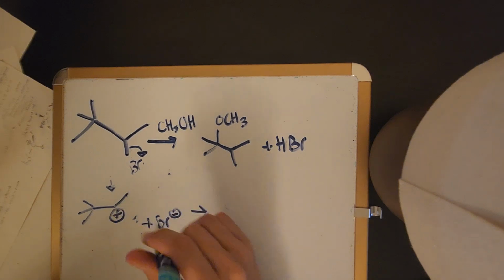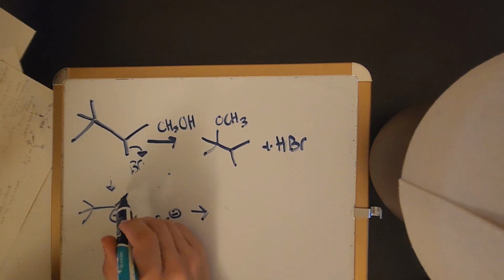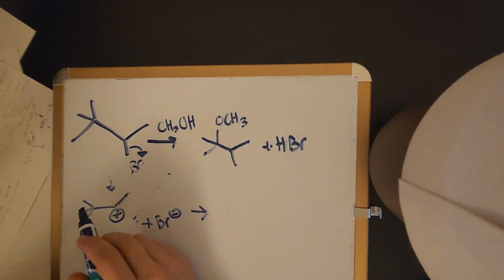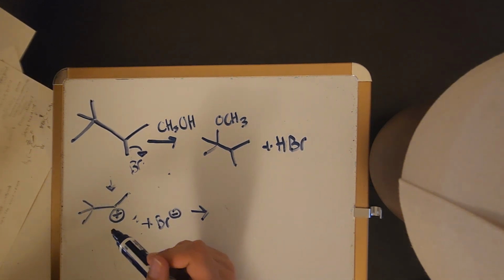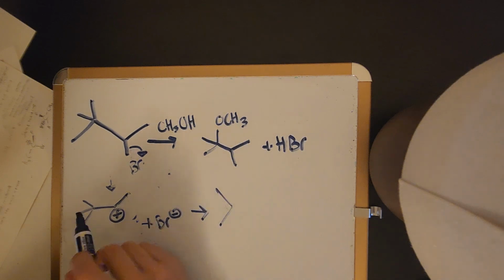And when Br takes electrons, it's going to be Br minus. There's no bond here. This is able to take bonds from its neighbors. In this case, this is its neighbor, this is its neighbor. It's actually going to do a carbon relocation, and it's going to steal this bond right here from its neighbor.